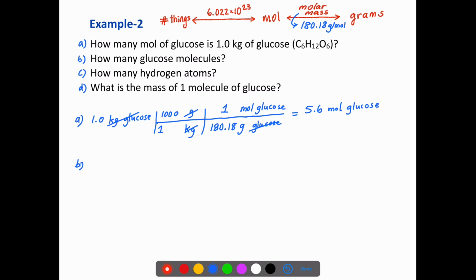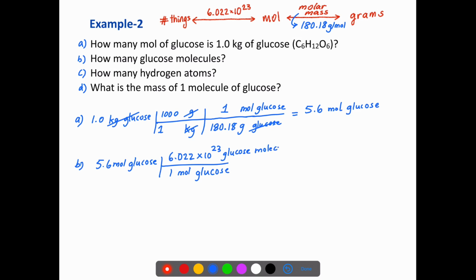So you can show that also with the dimensional analysis. So start from what you got. So 5.6 moles of glucose, and each mole, 1 mole glucose means 6.022 times 10 to the 23 glucose molecules.